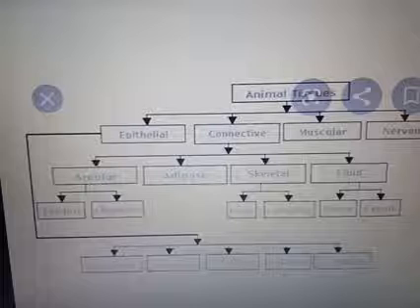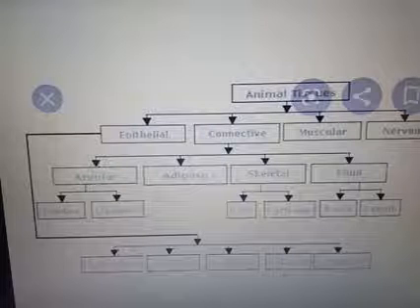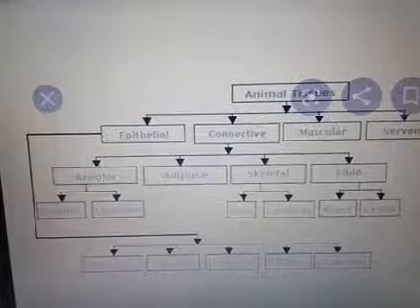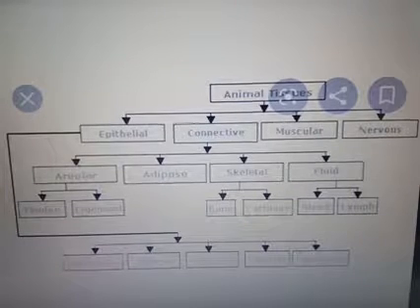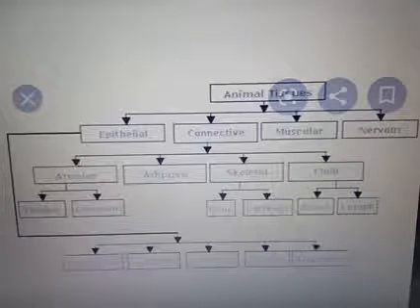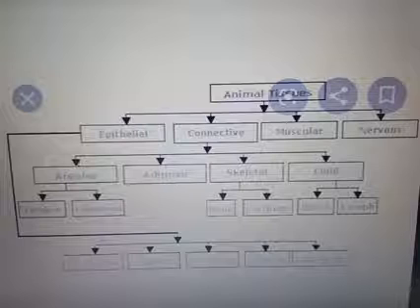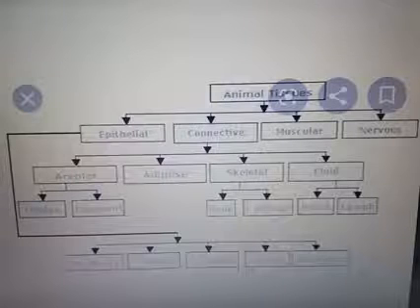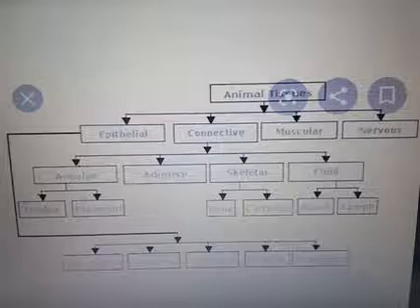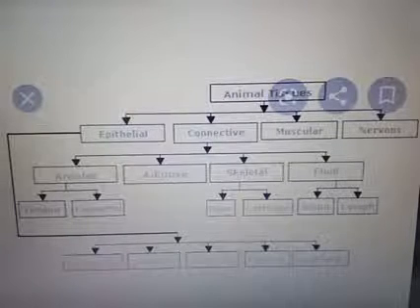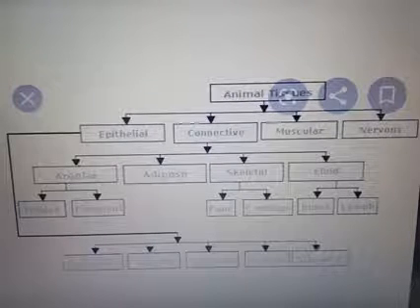You can see in this picture that animal tissues are classified into epithelial tissue, connective tissue, muscle tissue and neural tissue. Muscle tissue is otherwise known as muscular tissue, and neural tissue is otherwise known as nervous tissue.